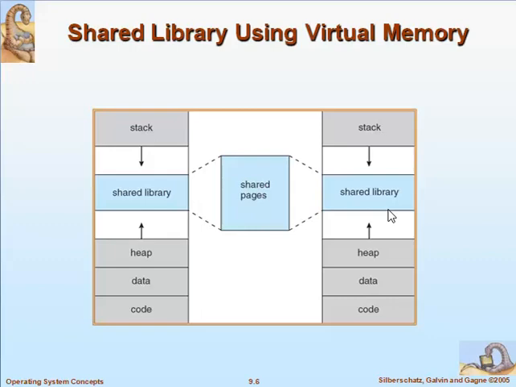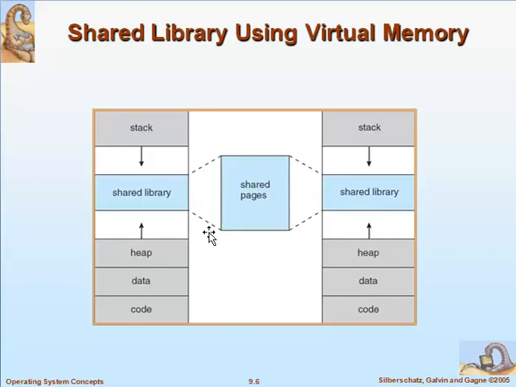So one advantage is the separation of logical and physical memory, and it also allows files and memories to be shared among many processes. System libraries can be shared by several processes through mapping of the shared object into the virtual address space.